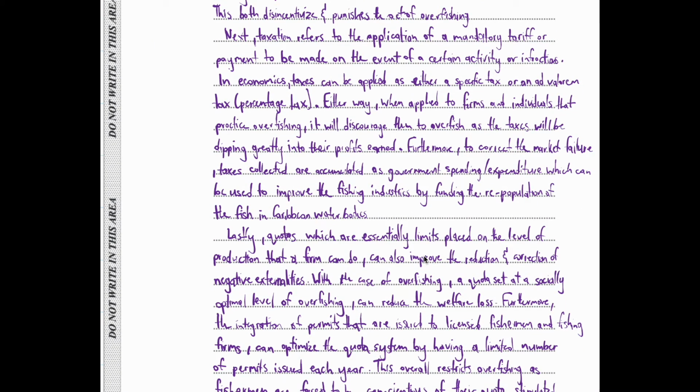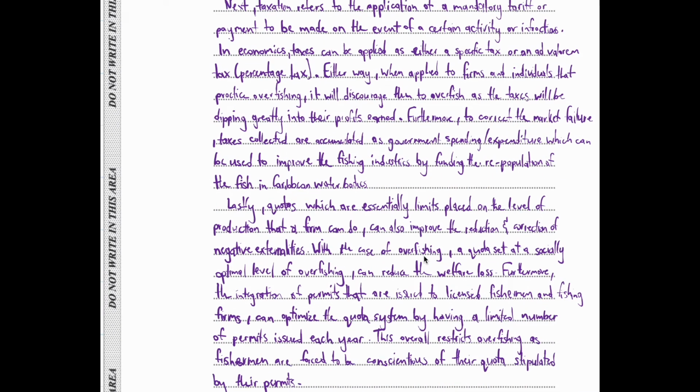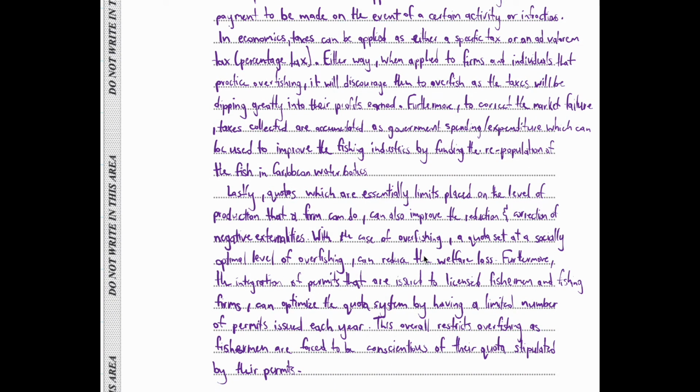Quotas, which are essentially limits placed on the level of production that a firm can do, can also improve the reduction and correction of negative externalities. With the case of overfishing, a quota set at the socially optimal level of overfishing can reduce the welfare loss.